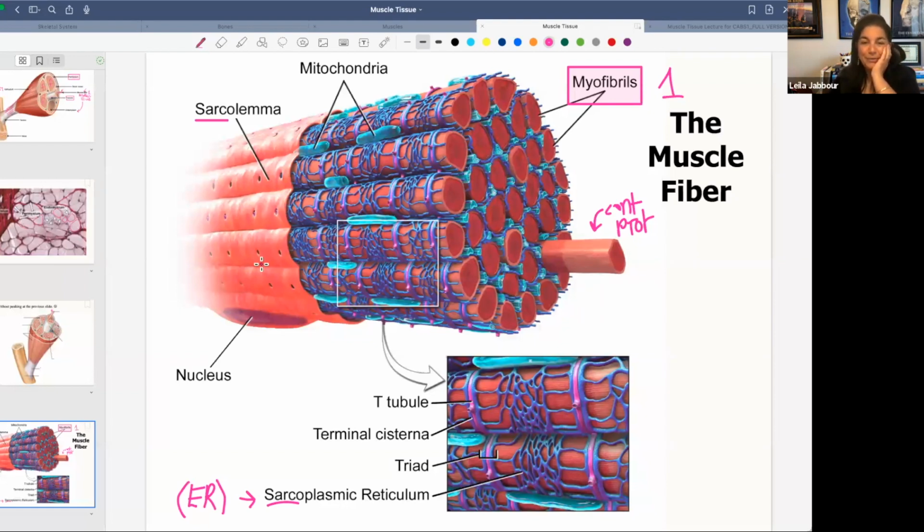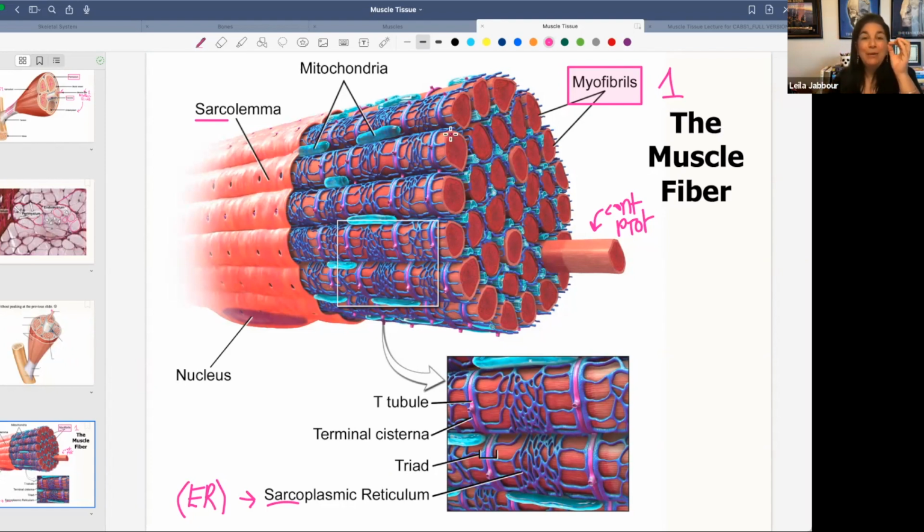Within these myofibrils. So anyway, these myofibrils are wrapped with this sarcoplasmic reticulum, and this picture really shows that very well. That's why I like to use it. This wrapping looks like a fishnet that's all throughout, wrapping each myofibril.